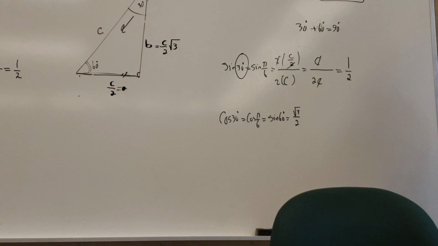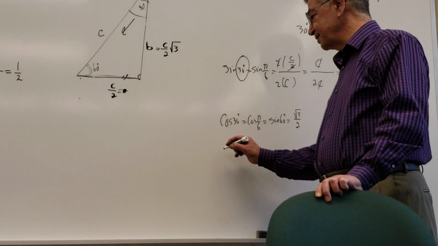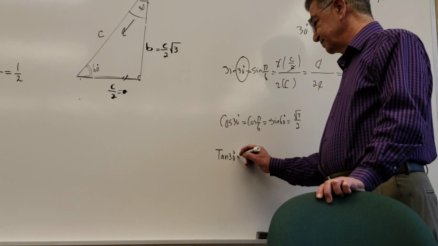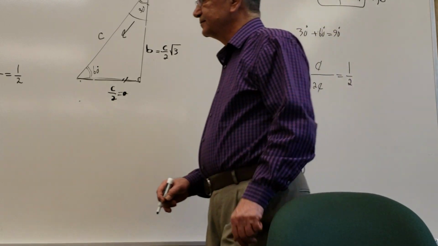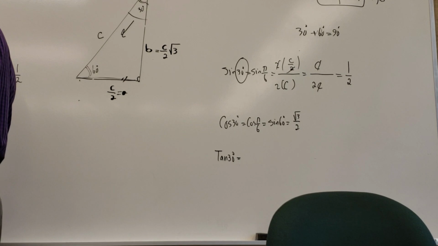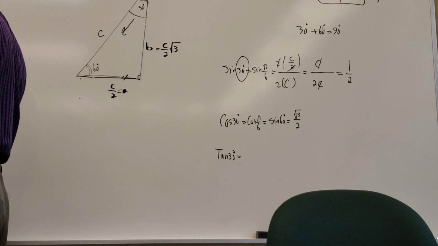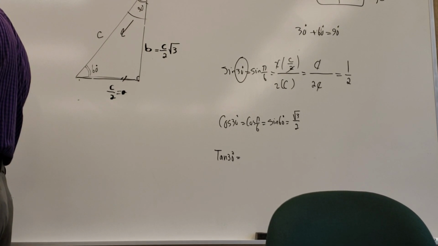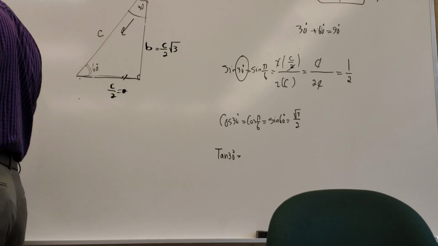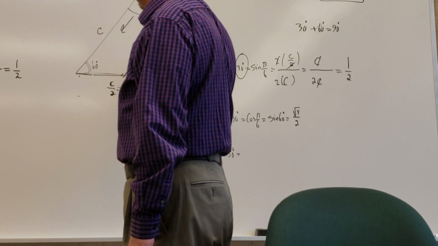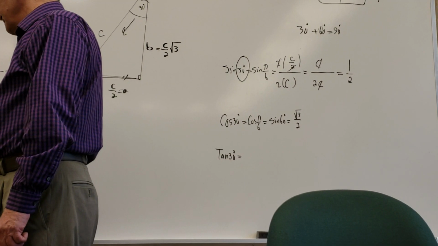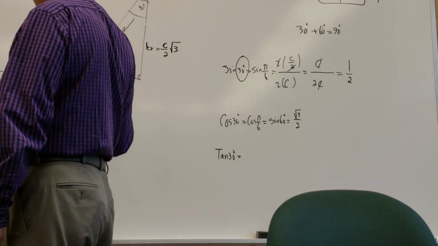If somebody says, this is new, what's the tangent of 30? What's the tangent of 60? Isn't tangent opposite over what? So opposite is this one. Adjacent is this one.